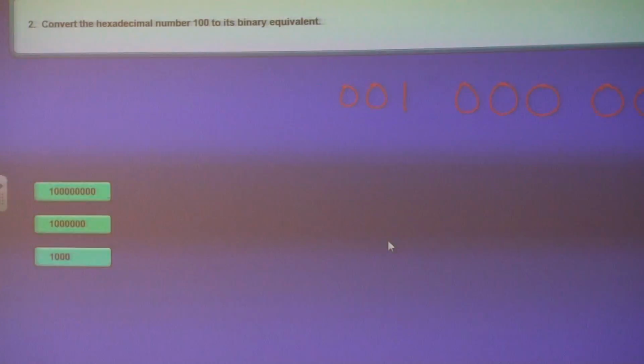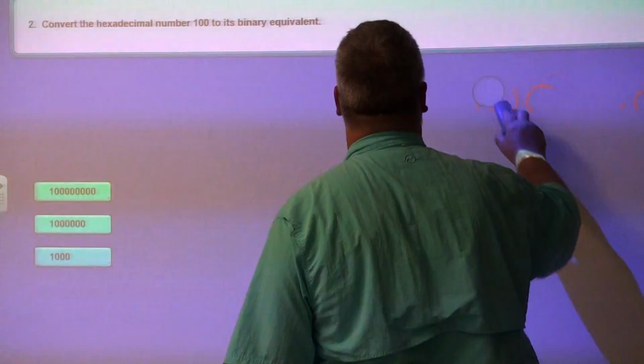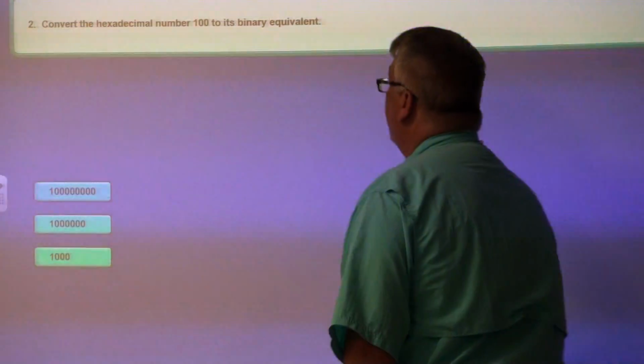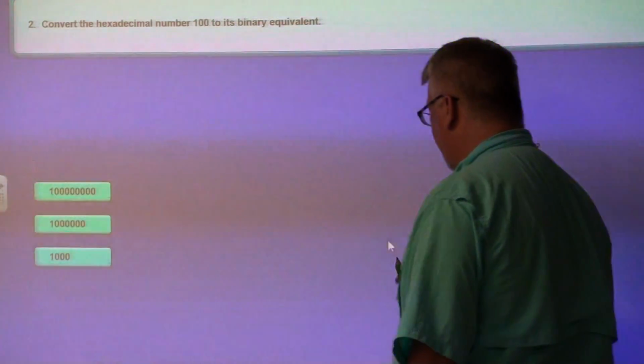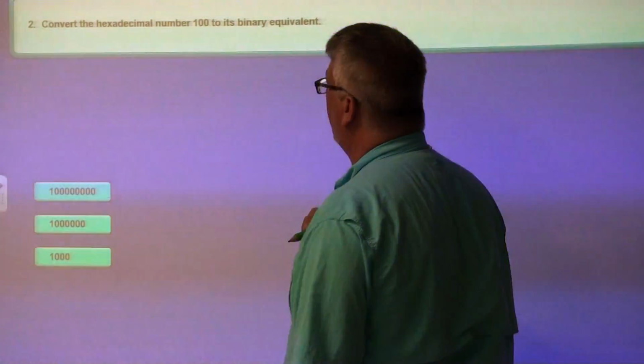Okay. Convert the hexadecimal. Oh, they're doing it again. Bless our little hearts. The hexadecimal number 100 to its binary equivalent. All right, so what do I write for the first grouping of 4?